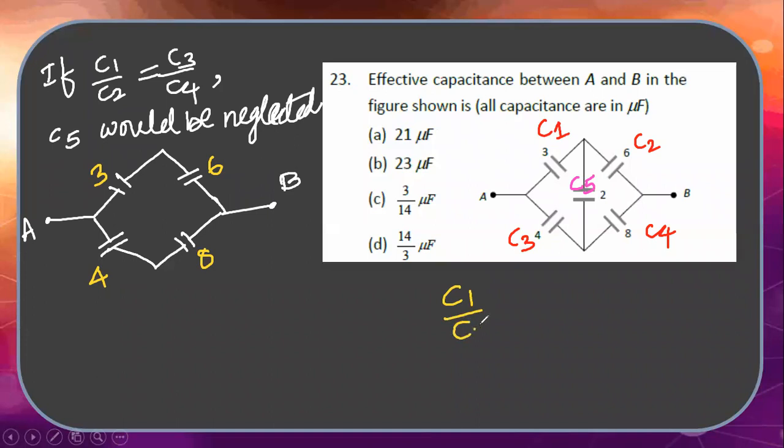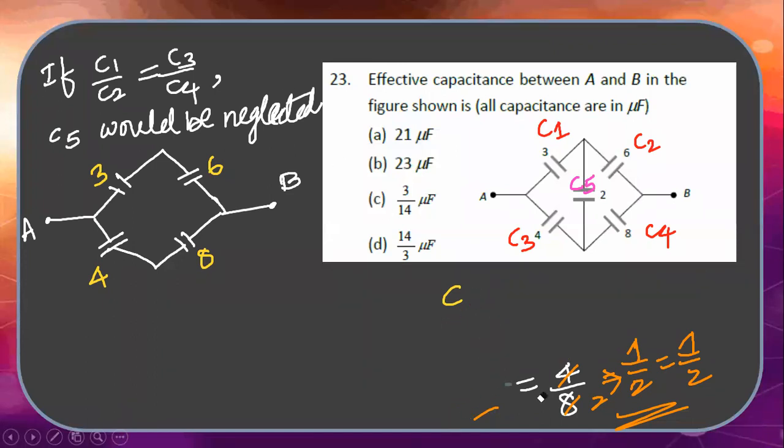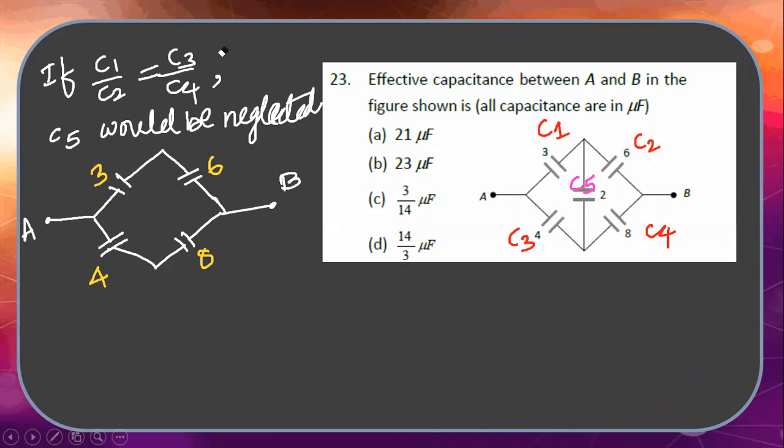C1 by C2 is equal to C3 by C4. Yes, 3 by 6 is equal to 4 by 8. So this is the same. 3 gets cancelled 2 times, 4 gets cancelled 2 times, 1 by 2 is equal to 1 by 2. Left side 1 by 2, right side also 1 by 2.